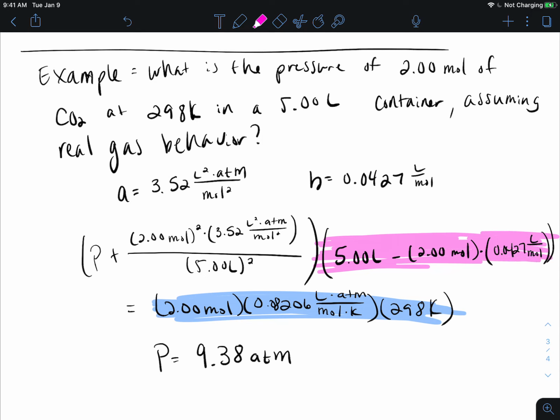And then all you'll need to do is subtract the term you get here. So maybe solve for each one of these separately, and then divide, then subtract, and then you should get 9.38.